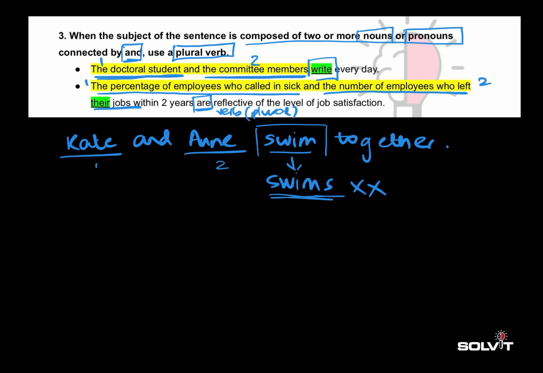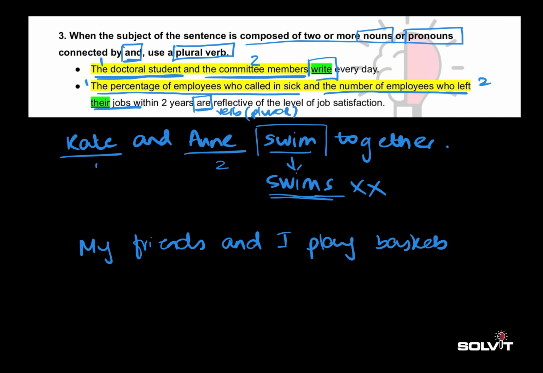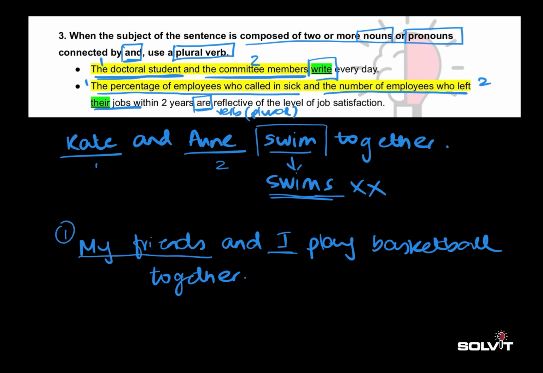So I'll give you another example. "My friends and I play basketball together." So the subjects of this sentence are "my friends," number one, and "I," number two.